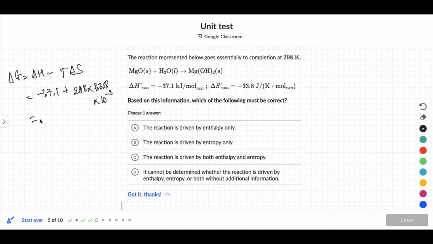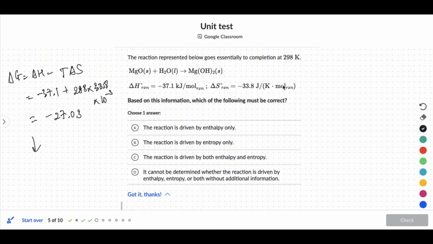And what we have is something like this. So it's thermodynamically favored.